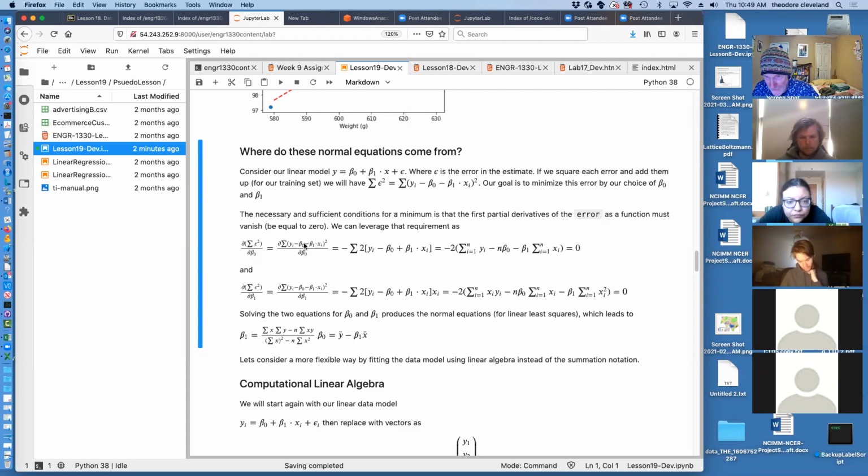Keep in mind here we have a squared term, and if we take the derivative of this thing, we get 2 times the thing multiplied by d beta 0 over d beta 0, which is 1. So what's left after we perform the calculus is the sum of 2 times the quantity y sub i minus beta 0 minus beta 1 x sub i.